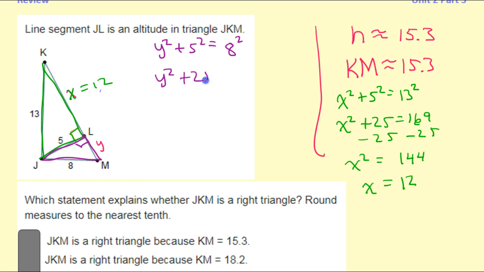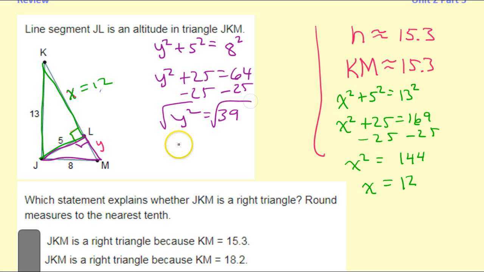Y squared plus 25 is equal to 64. Subtract 25 from both sides. Y squared is equal to, whoops, 39. If we take the square root of both sides, y is approximately 6.2, rounded to the nearest tenth.